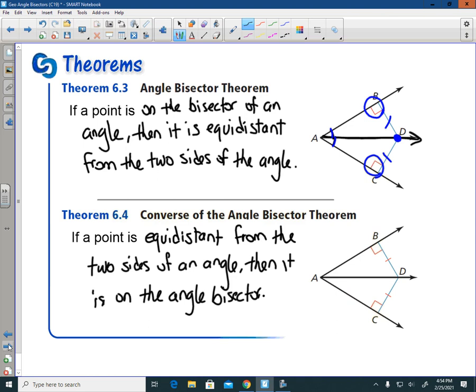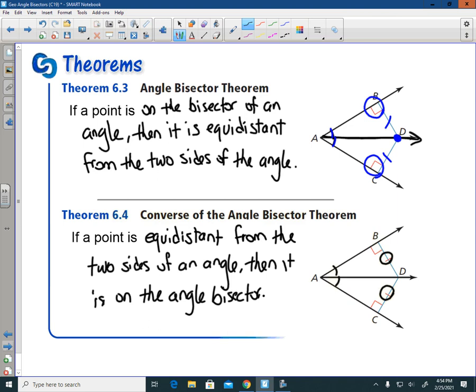So if we know that the distance between B and D is exactly the same as the distance between C and D, then what we also know from this theorem is that the ray AD is a bisector. So now we know that.